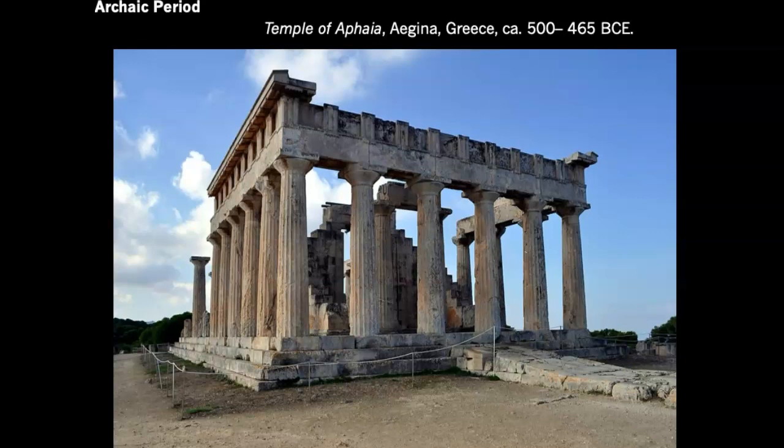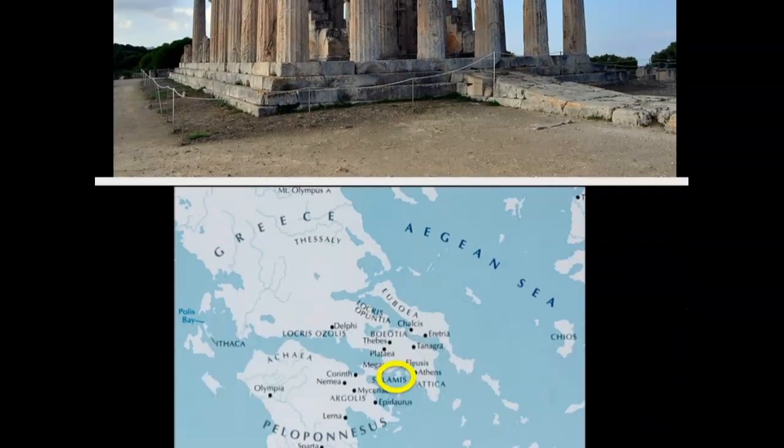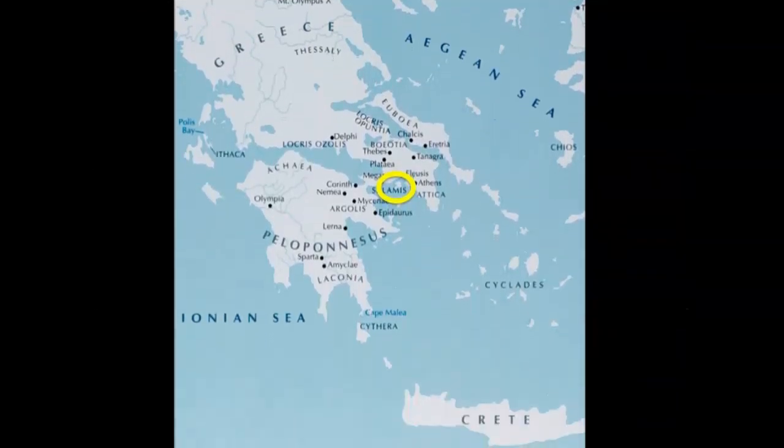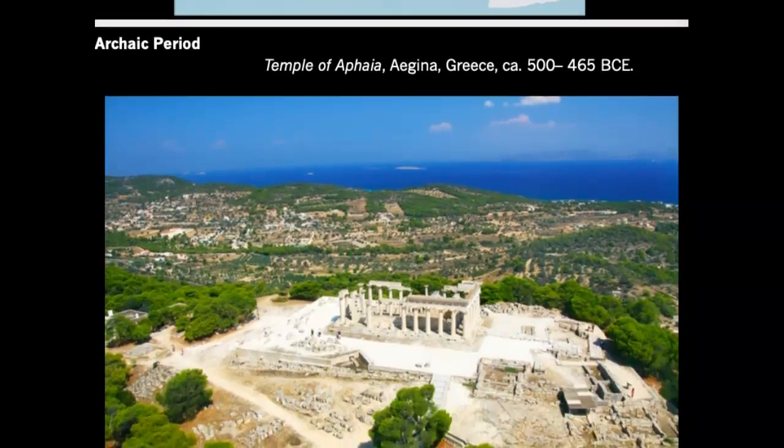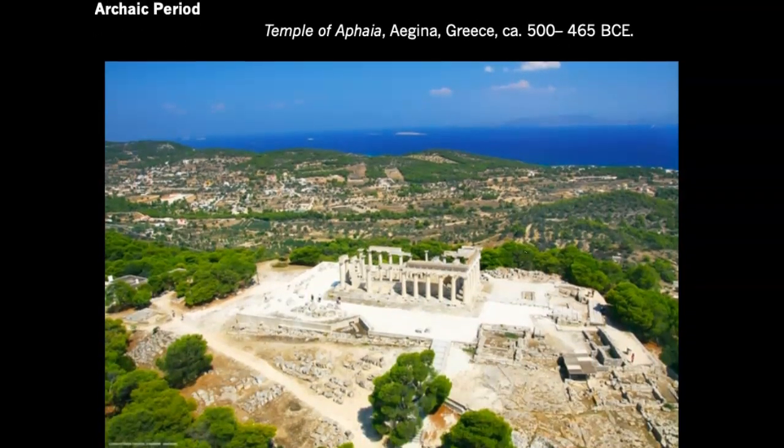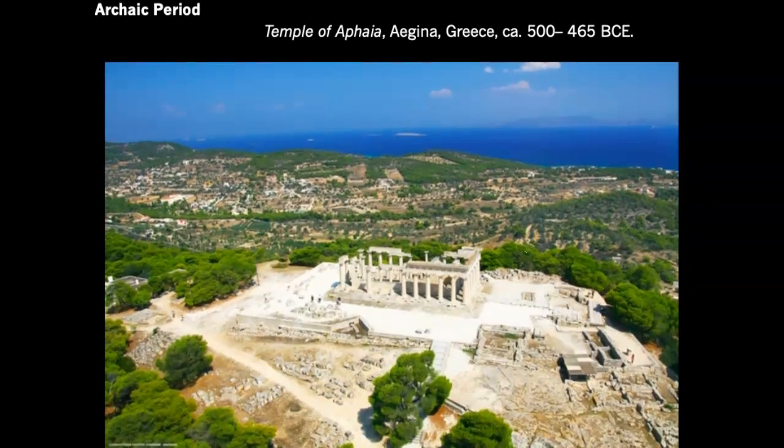This is the temple of Aphaia. It is in Aegina, Greece. Aegina is a small island just outside of Athens. Athens, there's Aegina. Now, the island was under the watch and protection of the city-state of Athens.